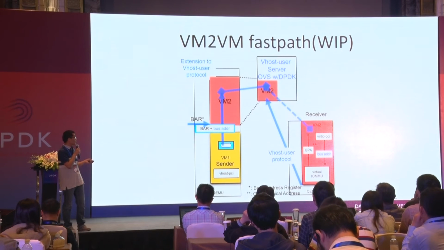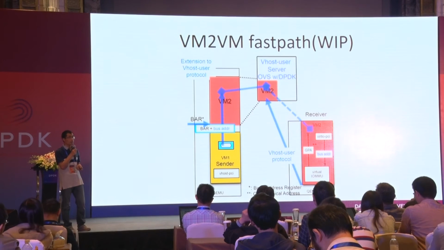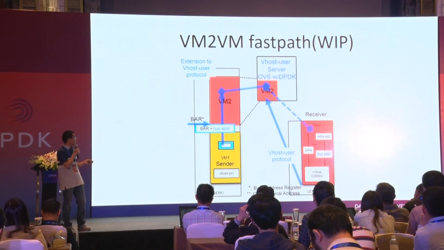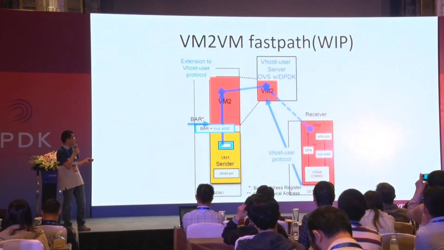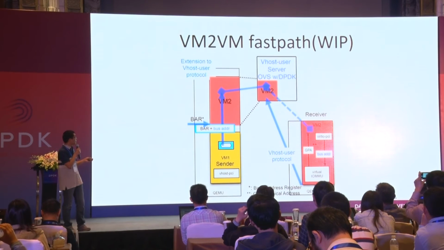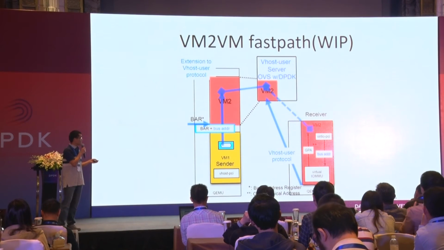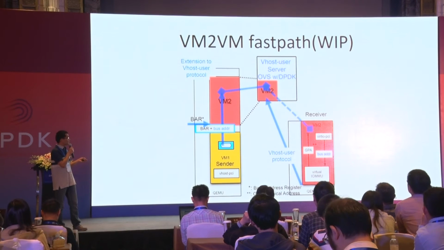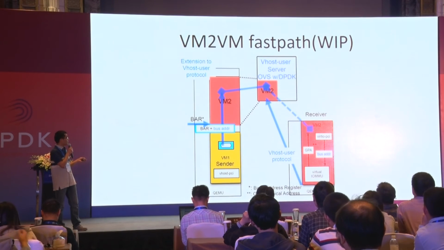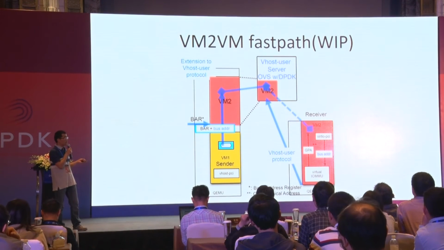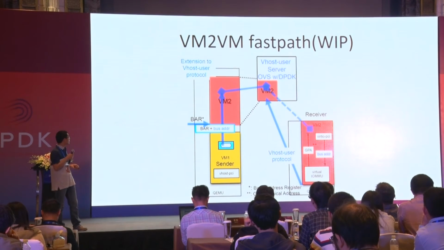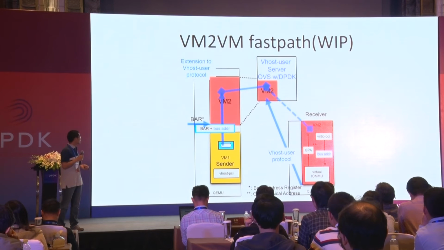If the vhost user server extends VM1 and VM2's information in the protocol and sends it to VM1, VM1 will be mirroring without mirroring, and it can access VM2's memory. Then VM1 will be capable of sending the packet to VM2 directly.